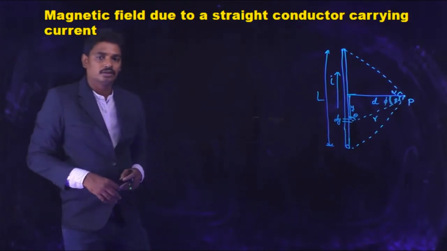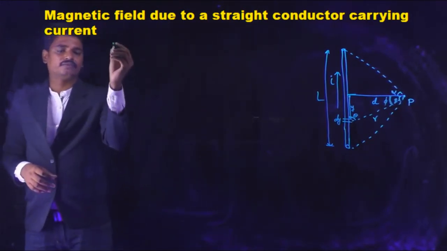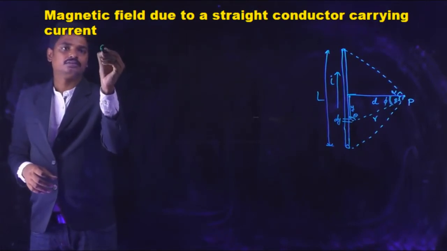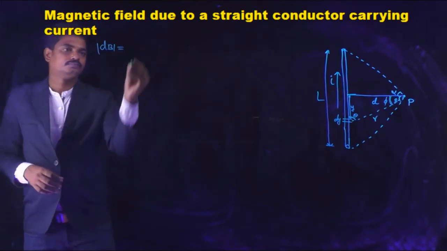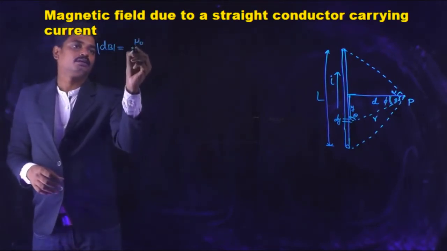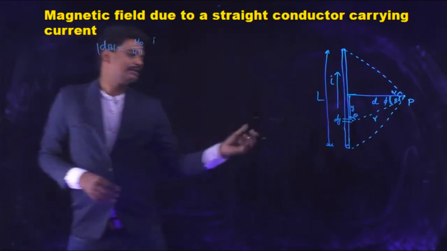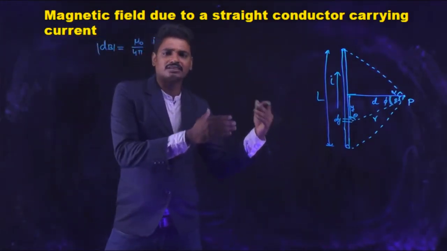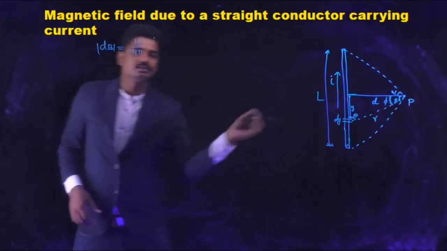Now, according to Biot-Savart's law, the strength of the magnetic field is given like this: mod dB is equal to mu naught by 4 pi into I into dl. In the previous session, we considered the length of the element as dl. Here the length of the element is dy.